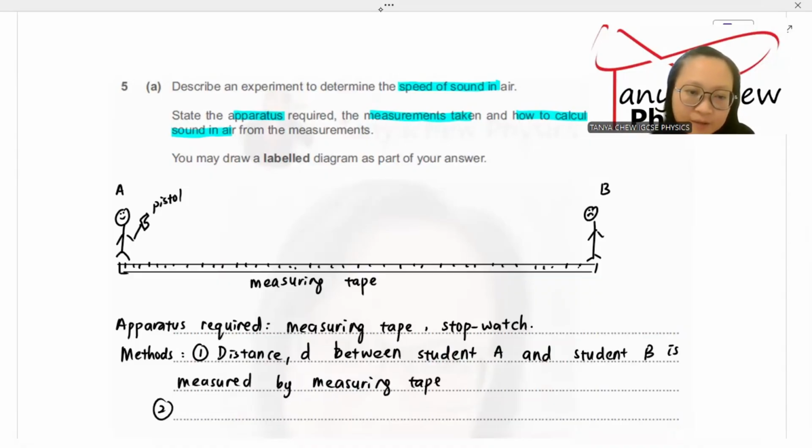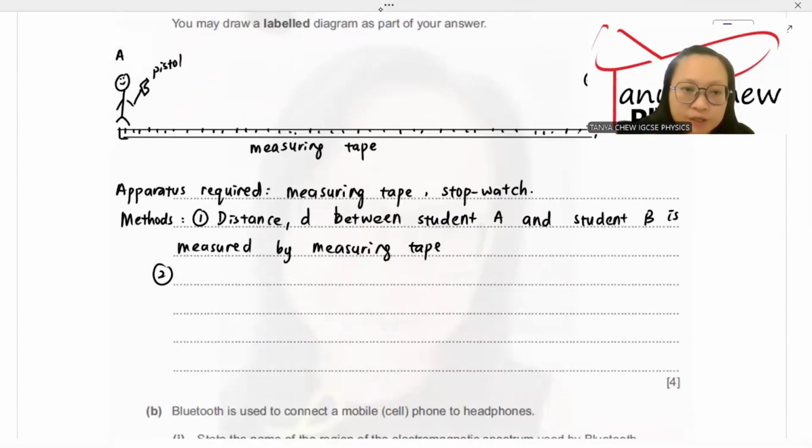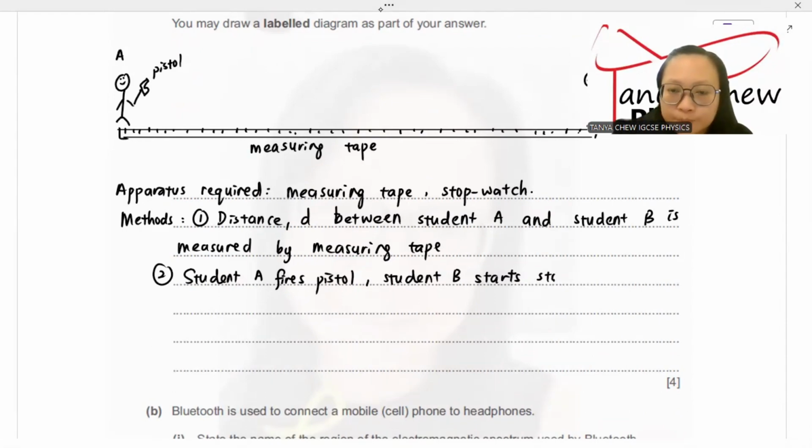Now the second method, once you measure the distance, student A fires the pistol, student B starts the stopwatch at the same time.